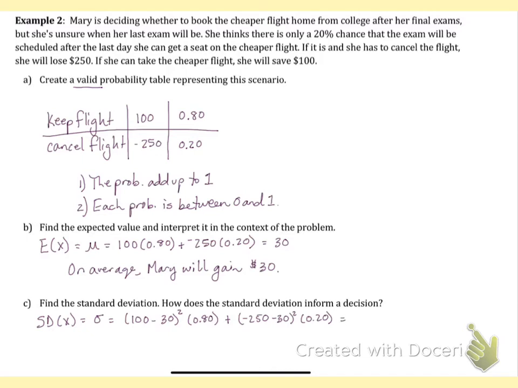And when you do this, you will get $140. Now the standard deviation measures the risk because it measures the spread of this scenario. So in this case, $140 is a pretty big spread, which means there's a pretty high risk to making this decision.